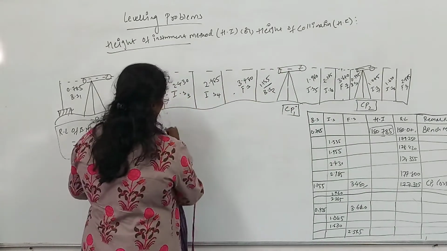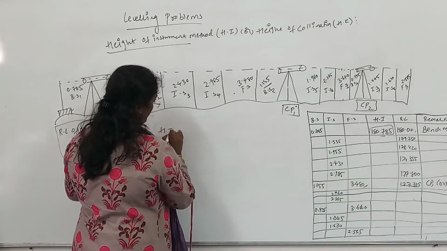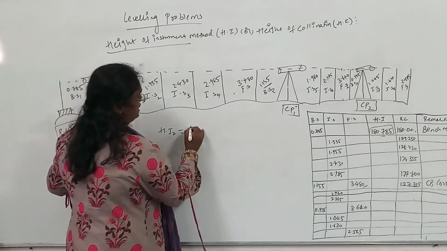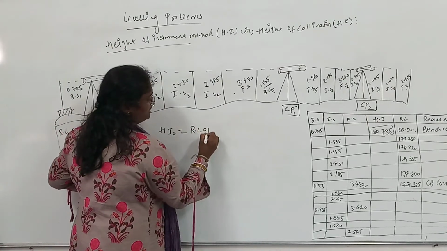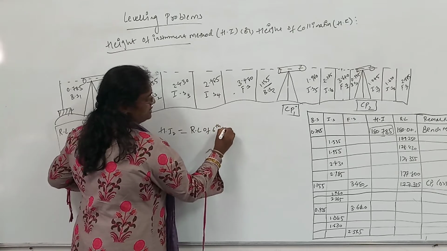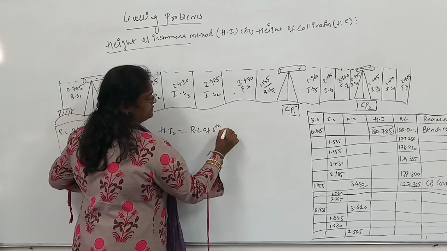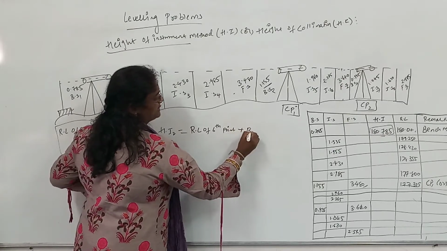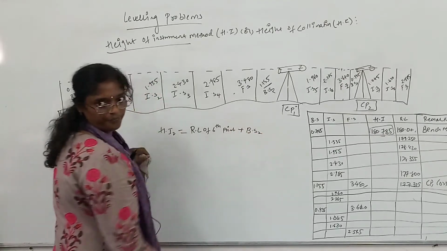Now we need to find out height of instrument 2. So what will it be? RL of the sixth point plus backsight 2.